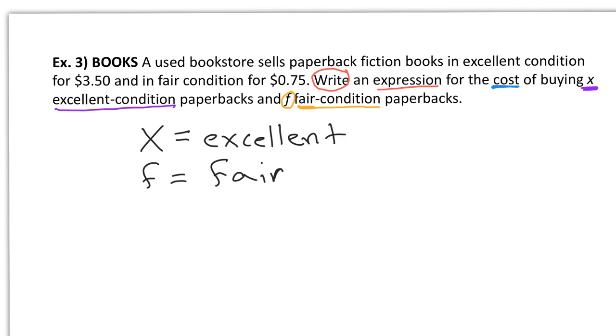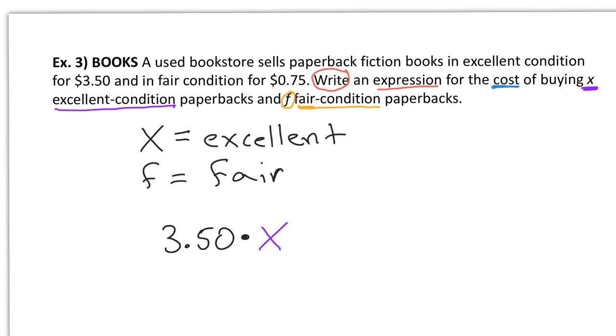So the price for excellent is $3.50. So this variable, you're going to have to multiply by the price. So I'm going to take $3.50 times X. And X is going to be the number of books I buy in excellent condition.